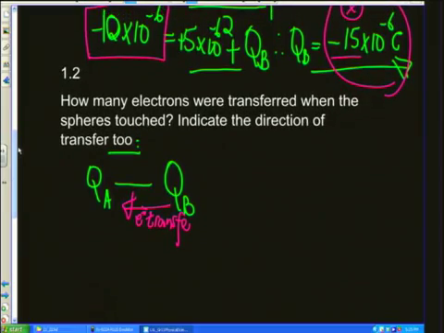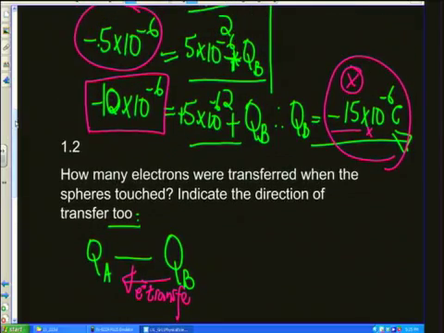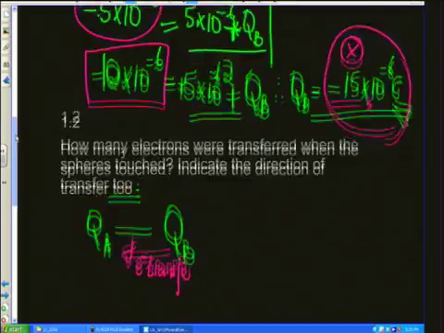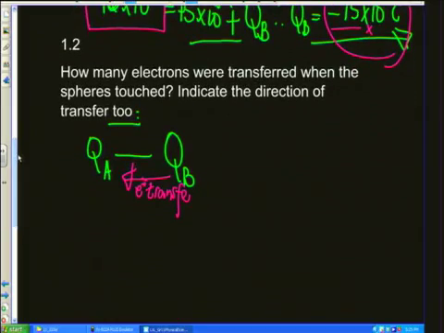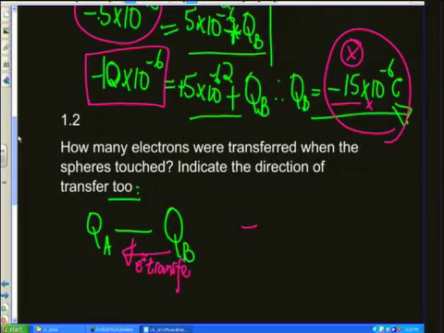The difference between the original charge and this charge is going to be minus 10 by 10 to the power minus 6 coulombs.